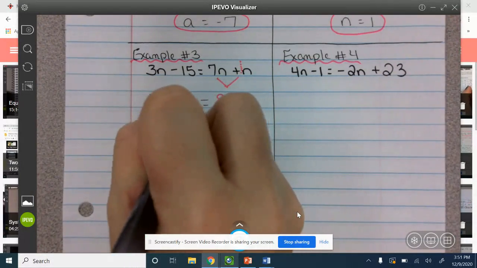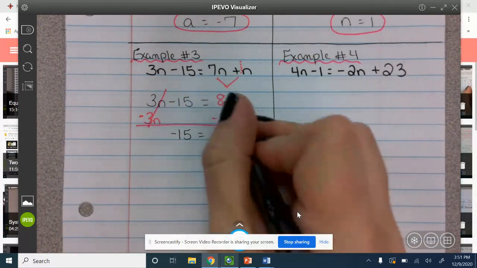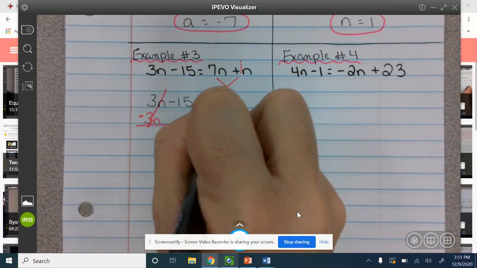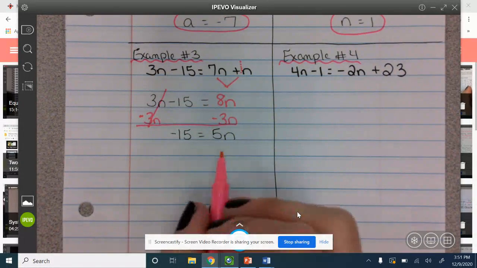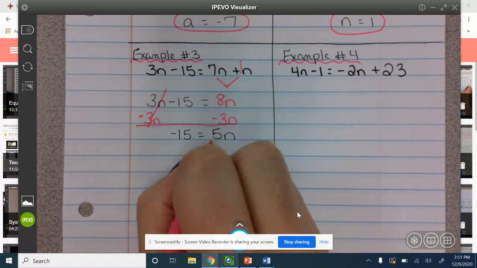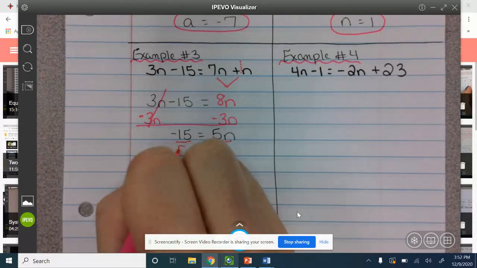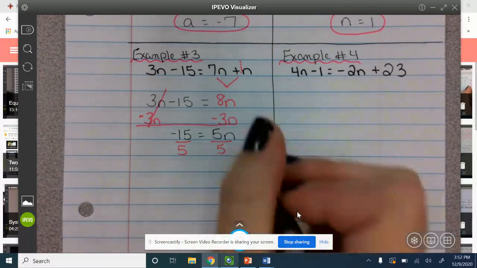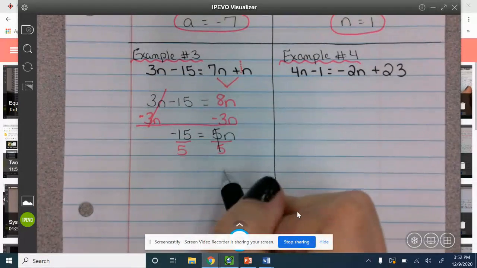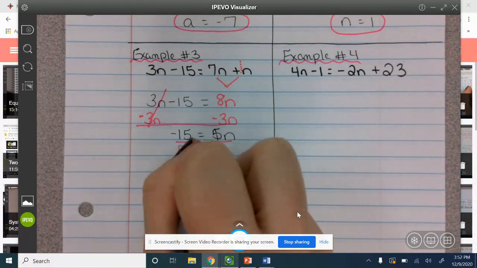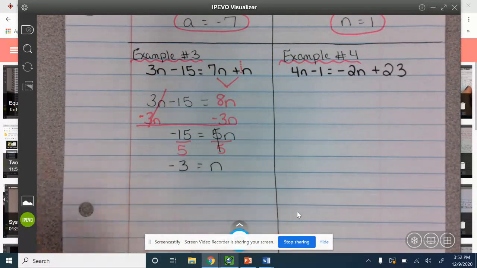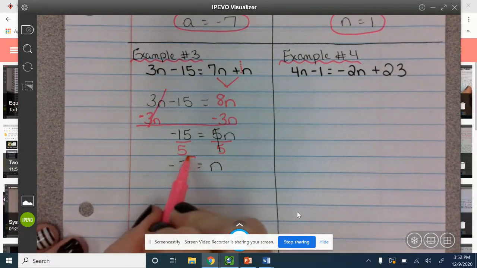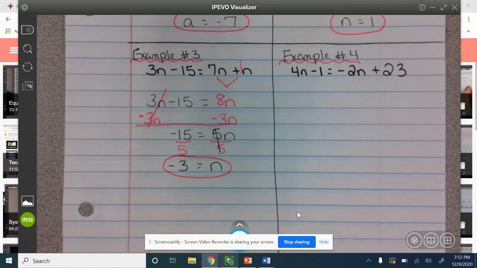I'm left with negative 15 equals 8n minus 3n is 5n. So negative 15 equals 5n. How do you undo 5 times n? We're going to divide by 5. 5 divided by 5 cancels out, so we have n. Negative 15 divided by 5 is negative 3. So our answer is negative 3 equals n.